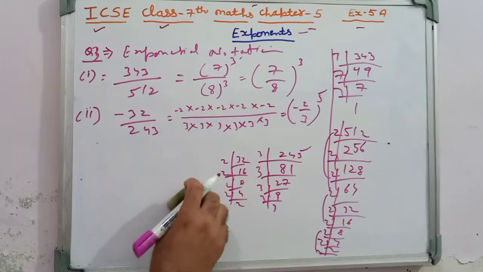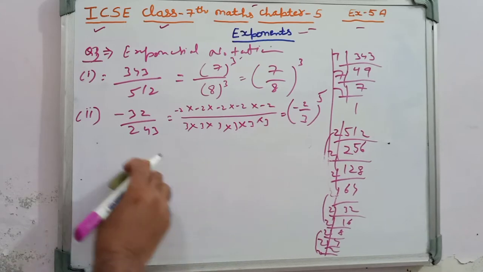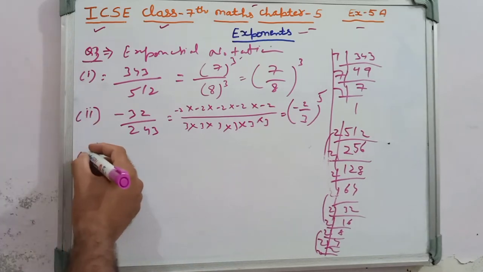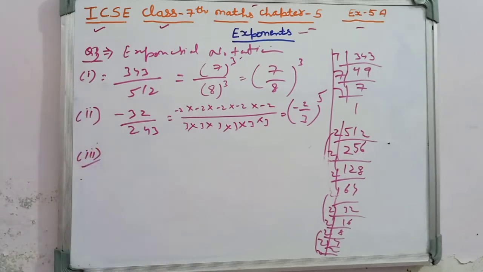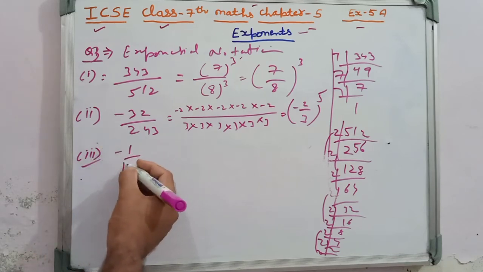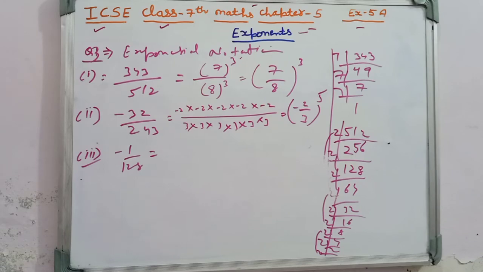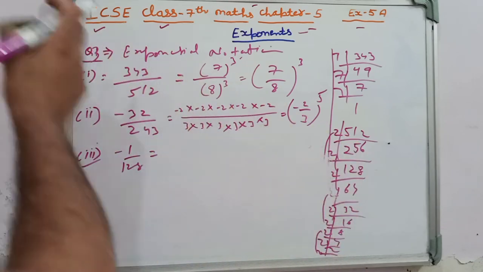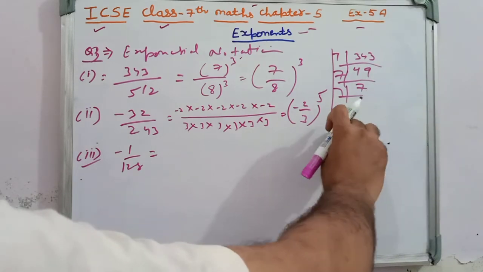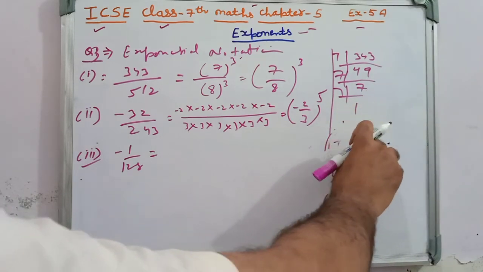Right, students? No need to panic. Apply your basics. Now part third: minus 1 upon 128. So we have done 512 here, now we need 128.